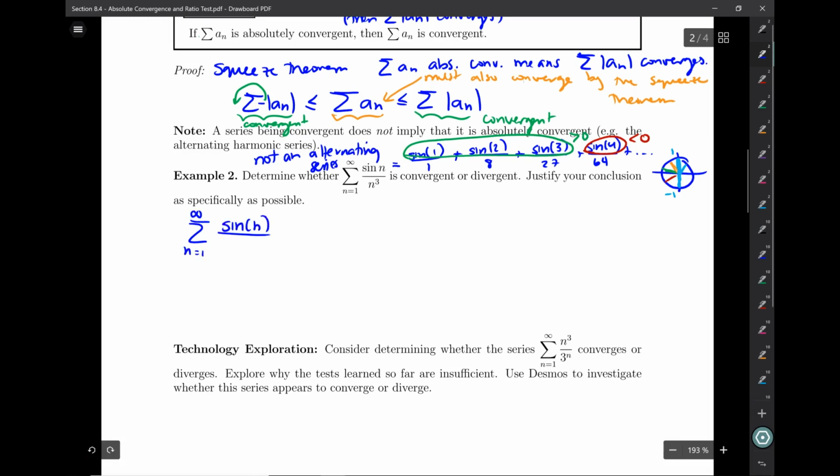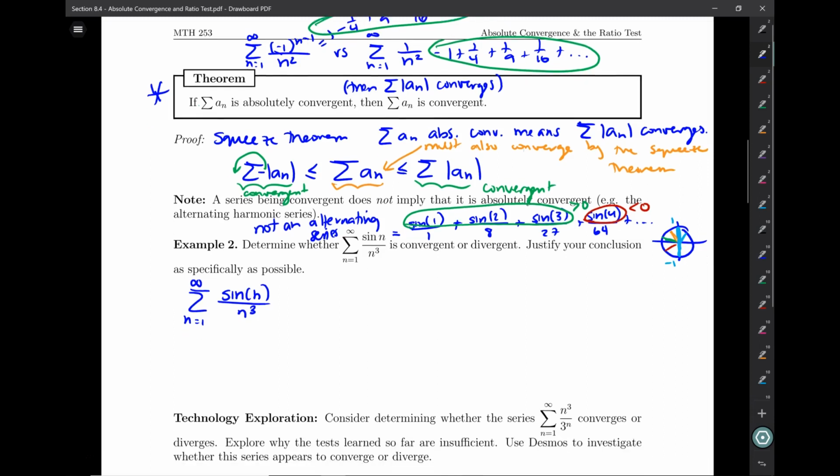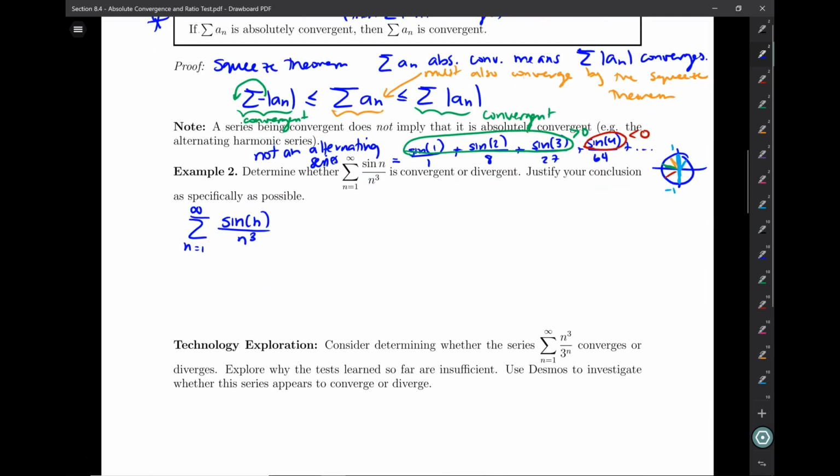What we can do is use this idea. The tricky part about this particular series is that the terms are sometimes negative or positive, but not consistently, right? So we can consider the absolute value of the terms to make this a positive series. And if this series that I've just put here converges, then that means it converges absolutely, which means that this series converges.